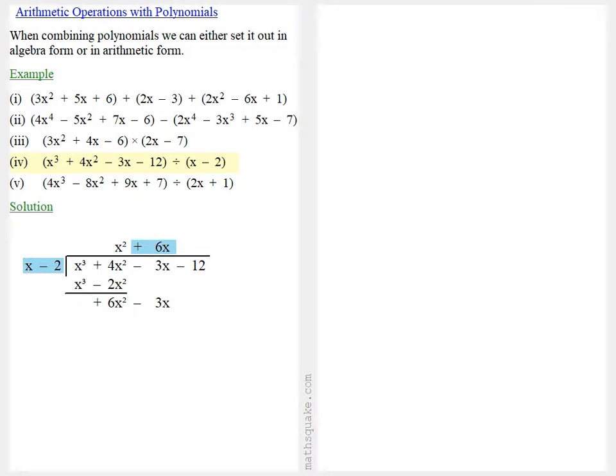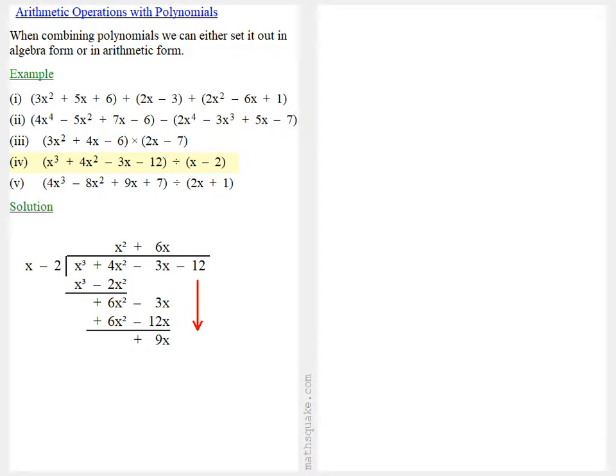We multiply 6x with x minus 2, and that gives 6x squared minus 12x. And we do a subtraction. 6x squared take away 6x squared leaves nothing. Minus 3x take away minus 12x, that's minus 3x plus 12x is 9x.